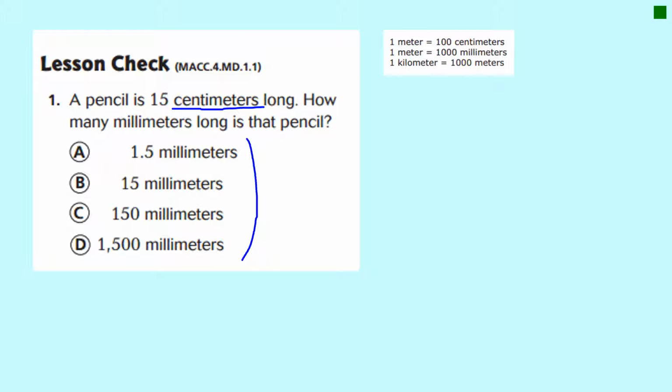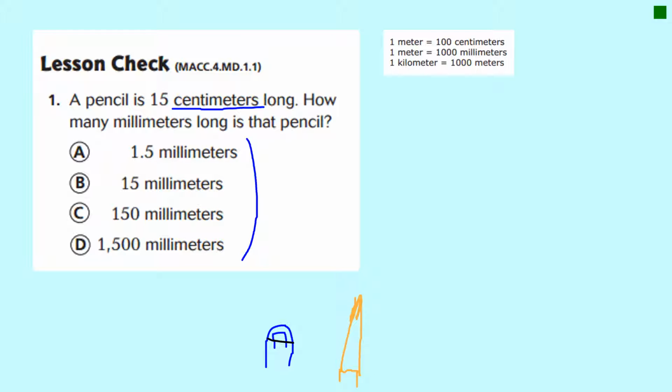Okay, so let's remember what a centimeter is. A centimeter is just across your pinky, right? That's a centimeter. But then remember what a millimeter is? A millimeter is the very thin width across the top of your pencil. Here's your pencil point.